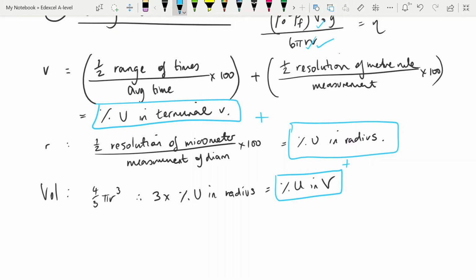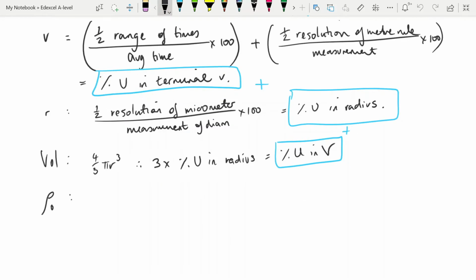So first of all, we have to find the uncertainties in, let's say, the density of the object. First of all, uncertainty in mass. Which is half the resolution of the balance over the measurement times 100, and then you've got to add that to the uncertainty in volume, which we have up here.